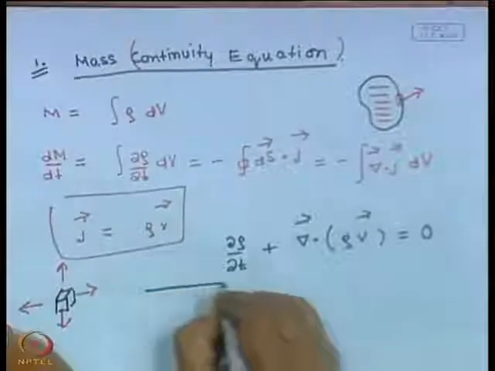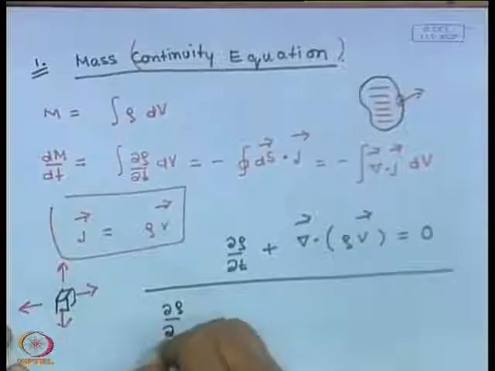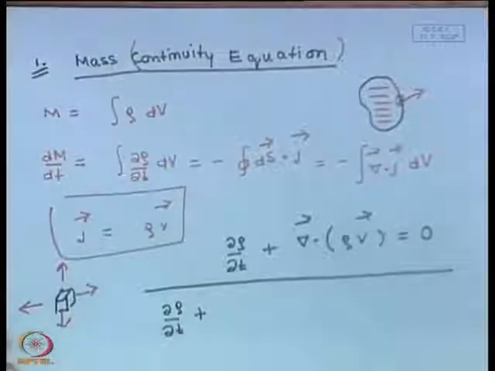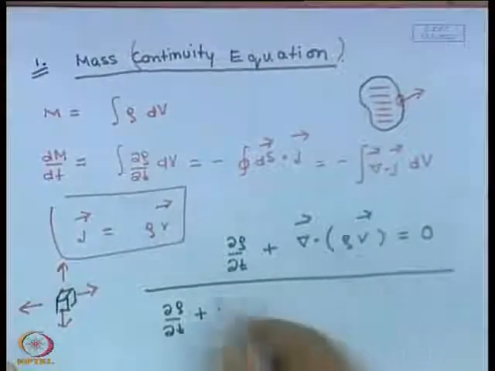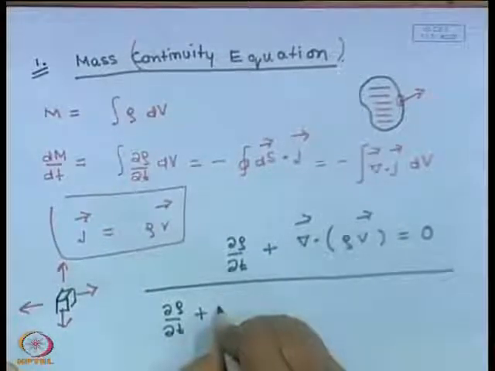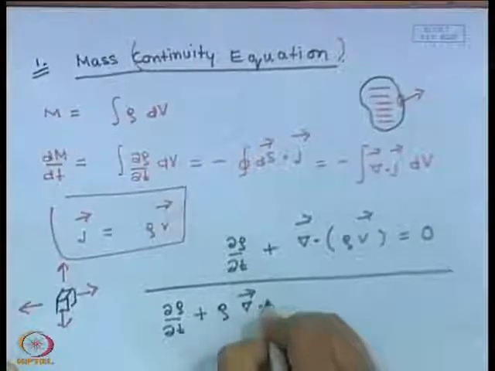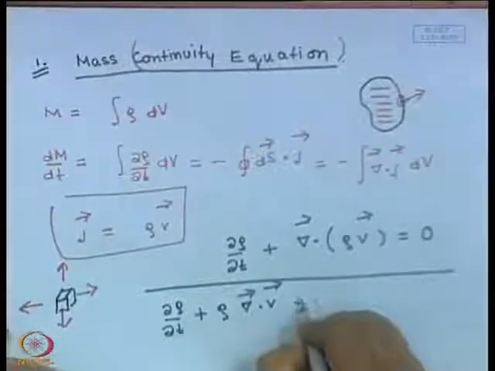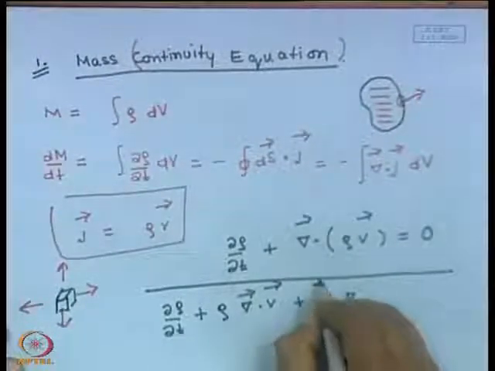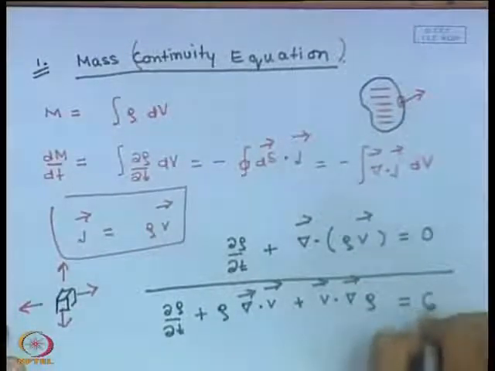If I expand it and write it out, then I have del rho del t plus one term which is rho times the divergence of V, plus V dot gradient of rho, and this should be equal to 0.